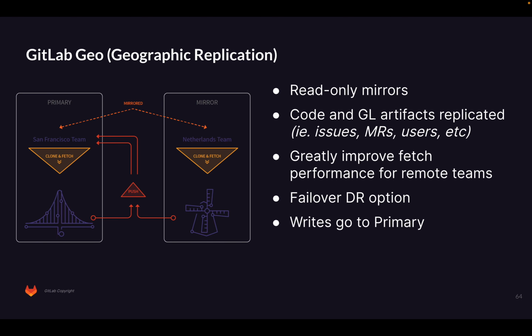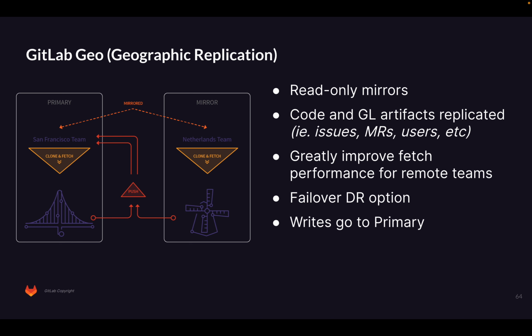With all these components, GitLab is highly scalable, so you can scale it in many ways. And one of those is geographic replication. This is often used in several use cases. For example, when you have distributed teams across the world, you might use geographic replication to reduce latency.